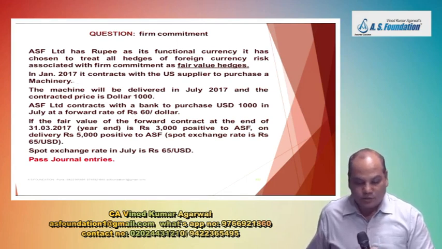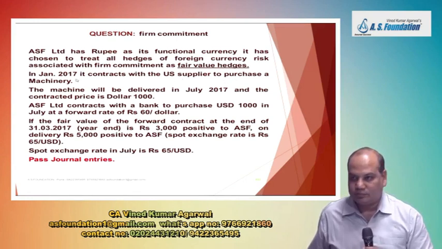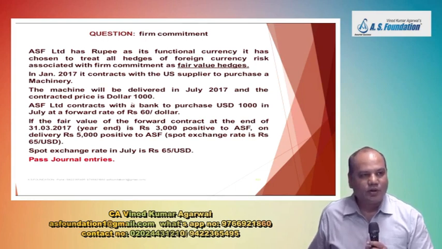In January 2017, it contracts with a US supplier to purchase a machinery. Now, you are an Indian company, your currency is rupee, and you have entered into a contract with a US company to buy machinery. Machinery will be delivered in July 17, and the contracted price is $1,000.